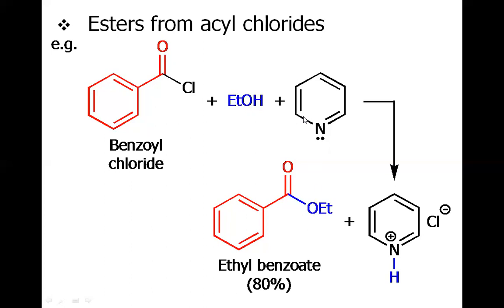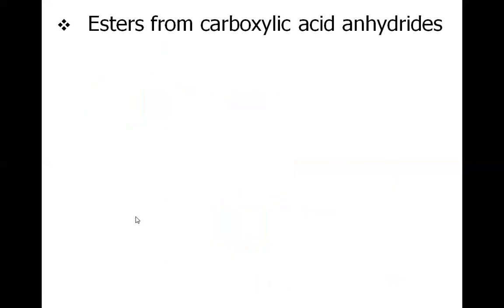Otherwise, if we consider it in depth, the mechanism is very different. First of all, this pyridine will attack this carbon, and we will have the chlorine replaced, and then this ethanol will attack this carbonyl carbon, and then the pyridine will again serve as a leaving group. So we are not going to discuss the mechanism at this stage, but this is the general reaction to have the ester formed from the acid chloride using the alcohol.